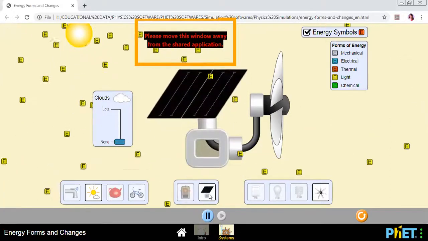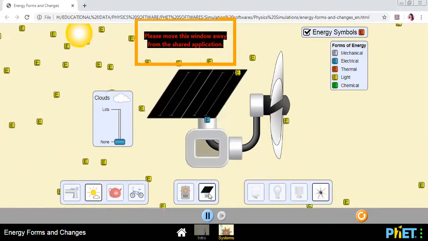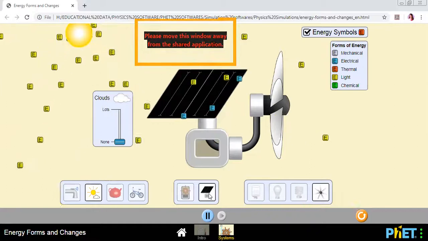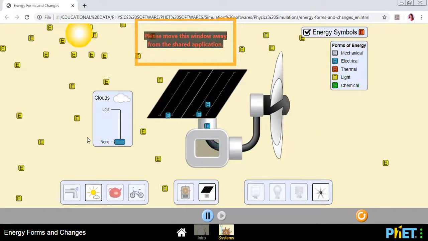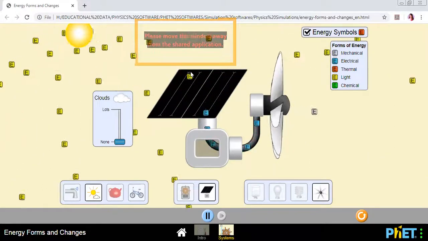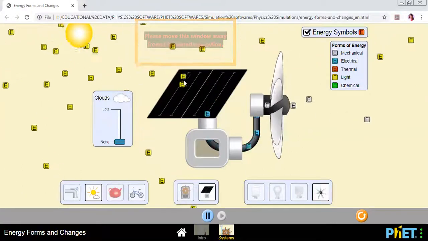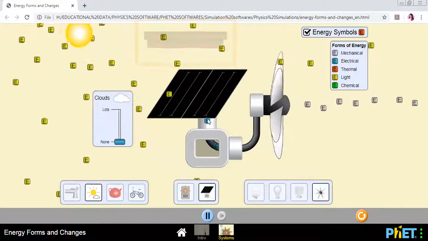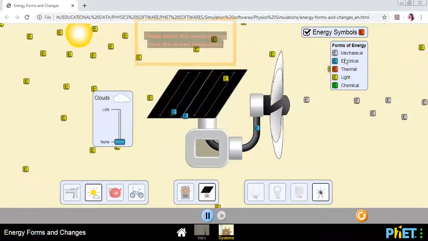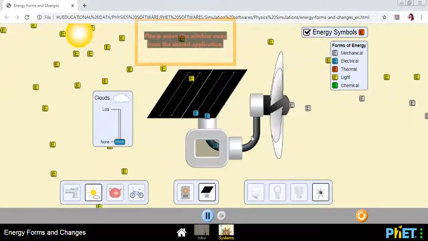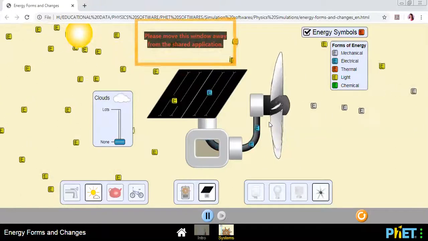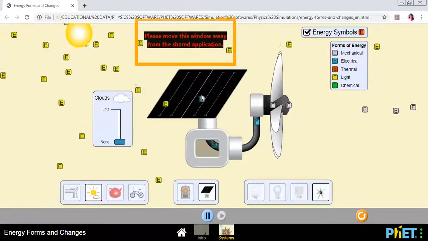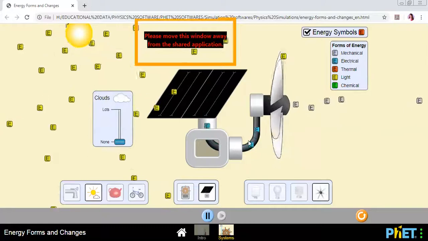So see what I have done. Here I have installed a solar panel. Now what happens here? When the light energy falls on the solar cells, the solar cell converts the light energy into electrical energy. So there is a conversion of light energy into electrical energy.